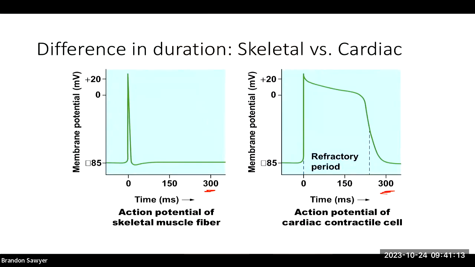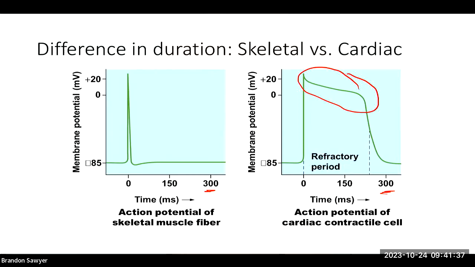This one only lasts about 4 milliseconds, whereas the other one is 250 milliseconds. So that plateau phase really changes everything as far as an action potential. This is extending the action potential by a great deal of time. So that's just a little bit of review of cardiac action potentials. This would be skeletal muscle fiber as well as neuron action potentials.